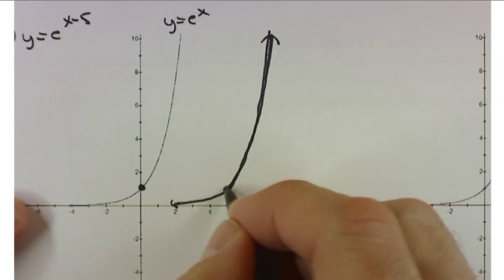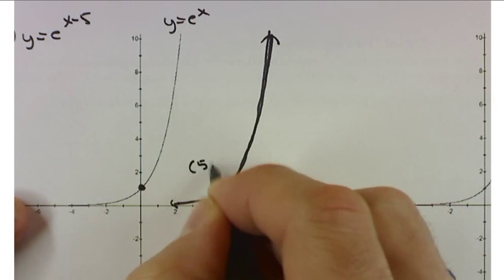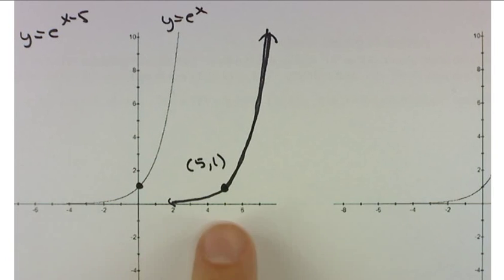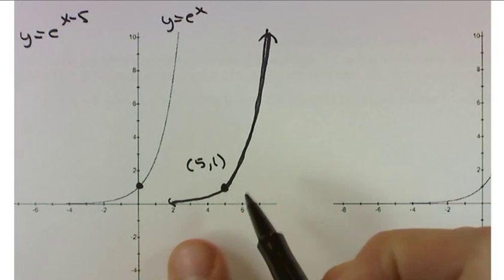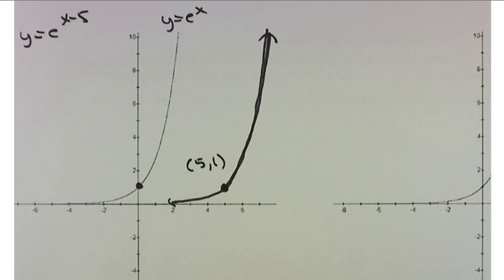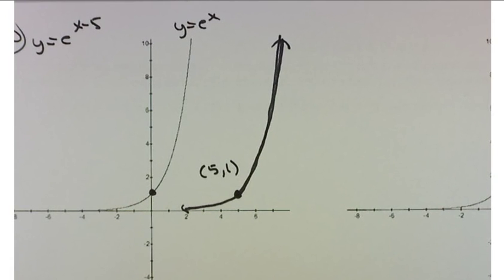So when I grade your exams, the point that I'll be looking to see will be this one. Our new point here at 5 and 1, where the graph has been shifted to. And that's pretty much it. It's just understanding the translation. It's the same idea that we did earlier.